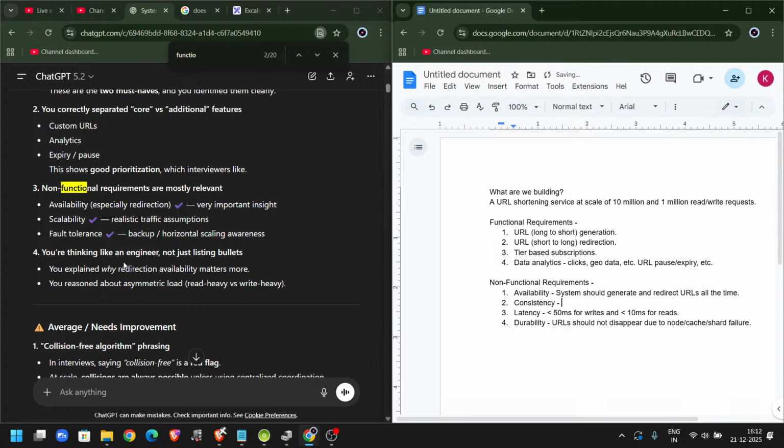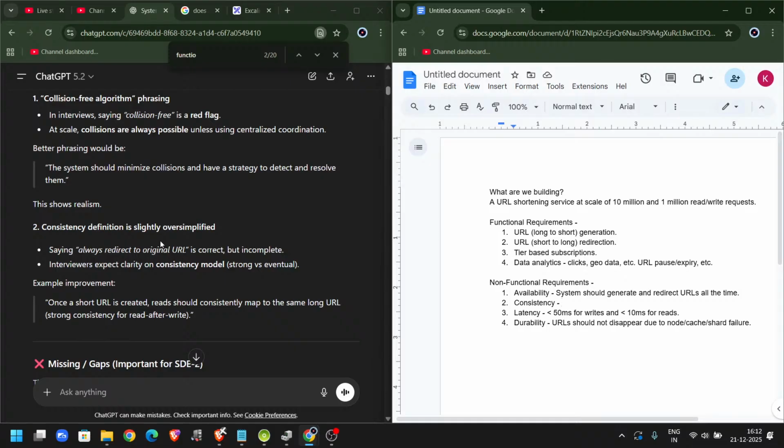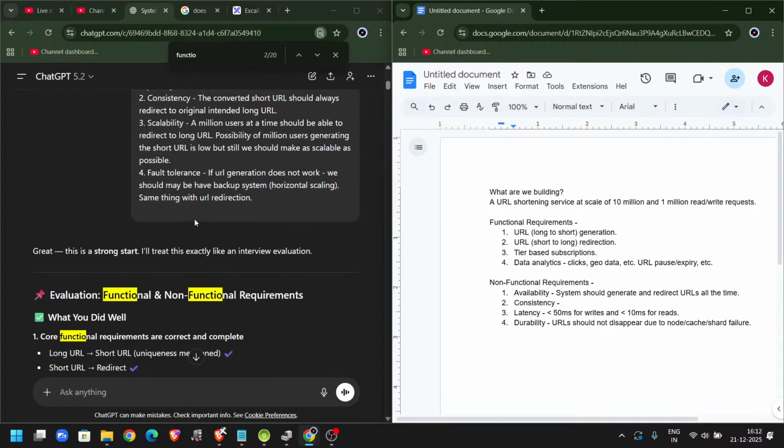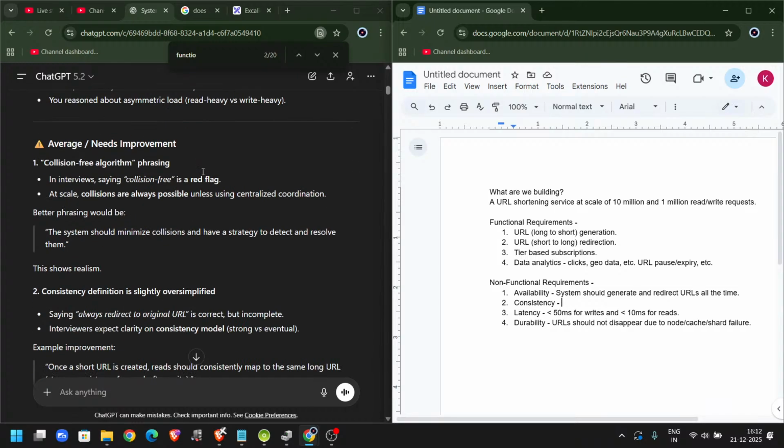Consistency is this thing where it should always map to, right? I said this.